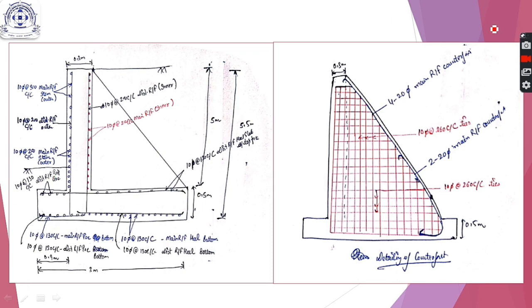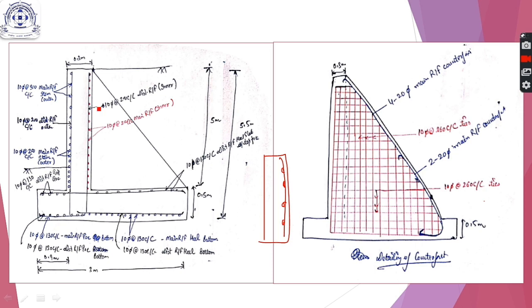I will start with the stem. In the stem, the main reinforcement are these dots. If you keep on comparing it with that of a cantilever retaining wall, in a cantilever stem the main reinforcement was this, and these were the distribution bars, horizontal bars.